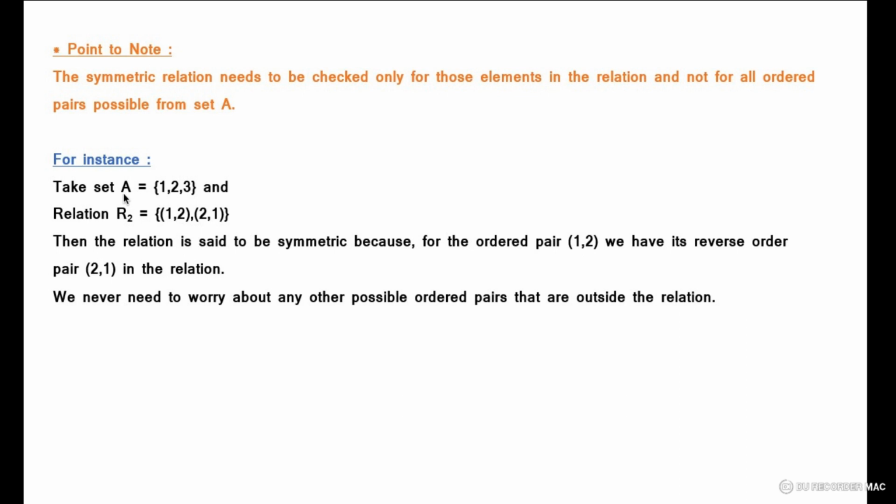Of course, in A cross A, you can have many possible ordered pairs, you may have (2, 1), you may have (3, 1), whatever. But we don't have to worry about that. We have to look only into the relation R, and if (A1, A2) is in R, then (A2, A1) also has to be in R if you are going to say that the relation is symmetric.